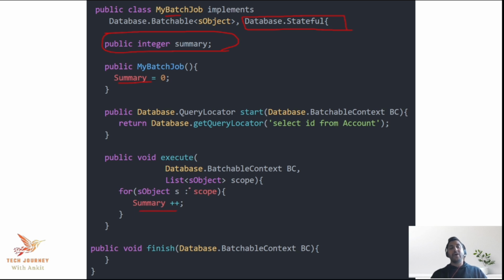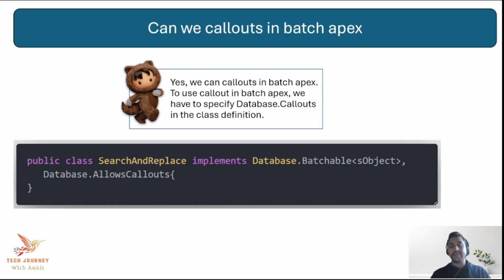So how many records have been processed by this particular variable, if I have to check under the finish method, I can easily do that. Because now I have implemented Database.Stateful, the value of this variable will persist across the multiple batches as well. A very helpful interface, which we very frequently use in real-world examples as well.